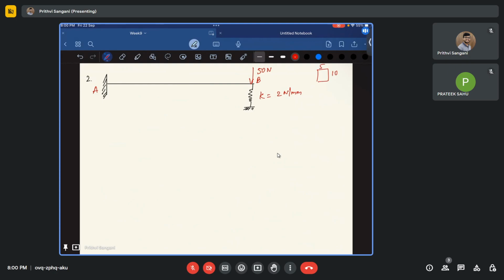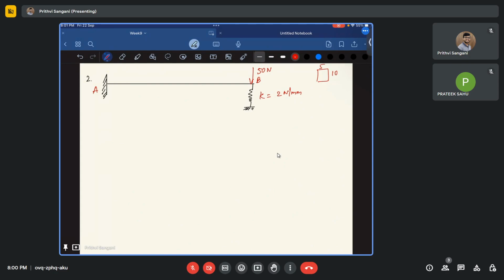This is basically not a civil engineering structure. This is kind of a mechanical structure, a very small structure carrying only 50 newtons of load. Now first tell me whether it is a determinate or indeterminate structure.